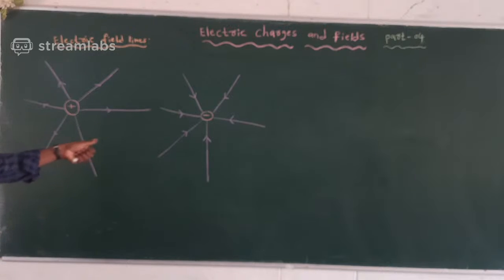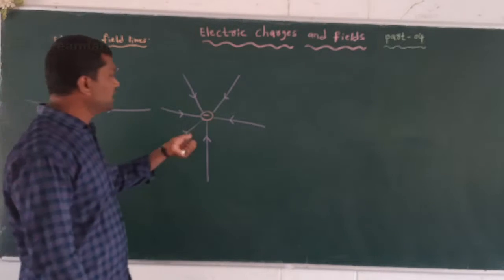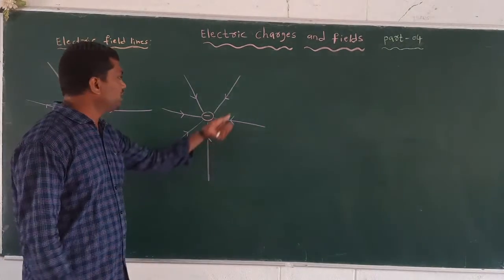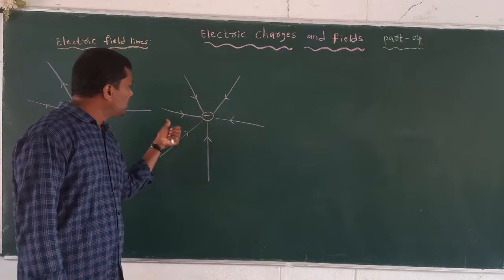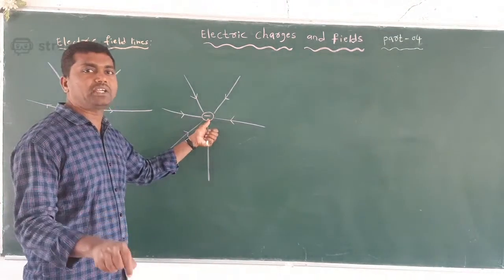So in this diagram, for the positive charge, we draw the field lines away, in the outward direction from the point charge. The point charge will be positive or negative. So we can observe in the negative charge, the field lines approach the negative charge.